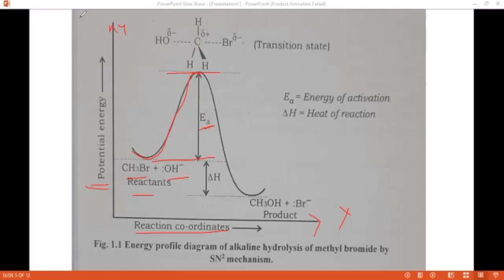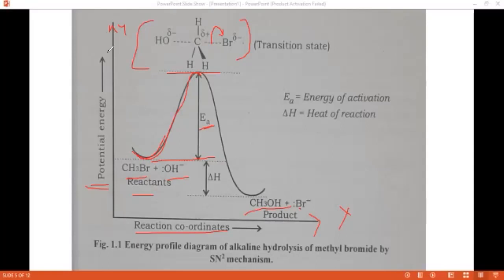This transition state is a very unstable state, and then the bond between carbon and bromine breaks immediately to form the product. Methanol, CH3OH, plus bromide ion, Br minus, is displaced here. This is the product. First, the potential energy increases as the reaction takes place. Then this is the highly unstable state.